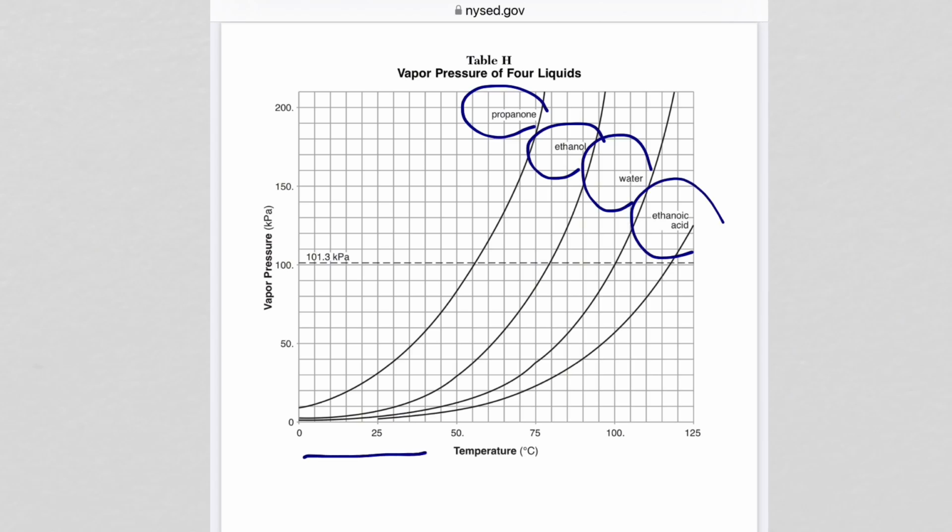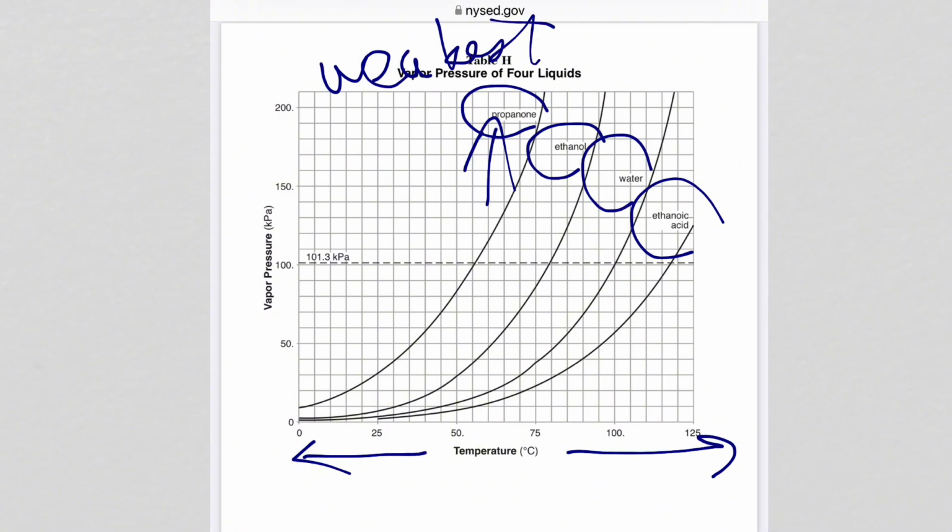Over the entire temperature range, when I'm comparing these 4 liquids, the highest vapor pressure is always propanone. That means it has the weakest intermolecular forces. Conversely, ethanoic acid must have the strongest forces because throughout the entire temperature range, it has the lowest vapor pressure.